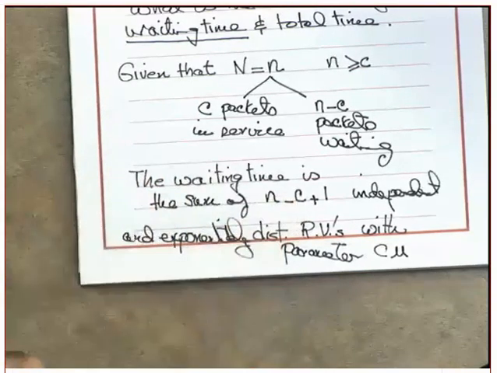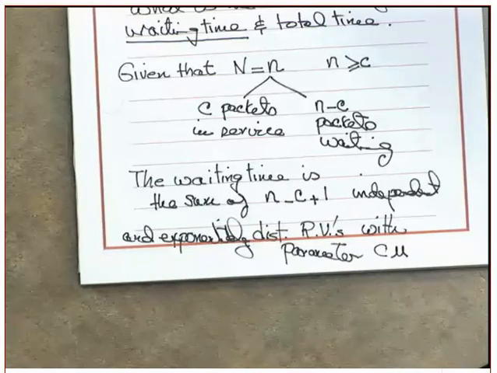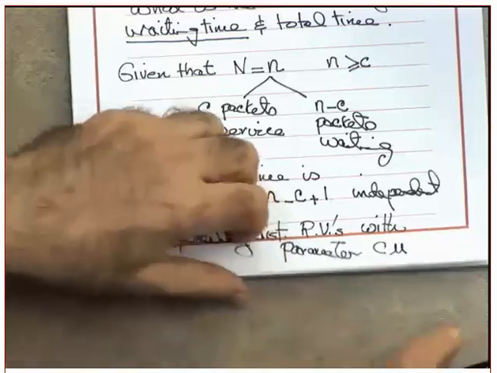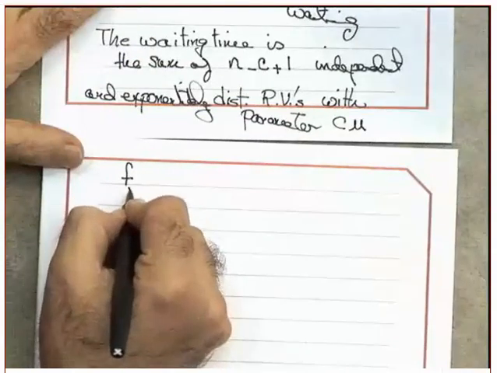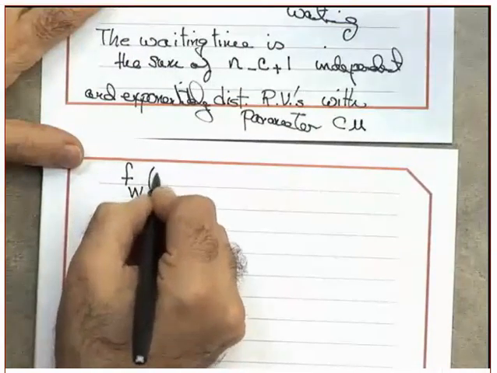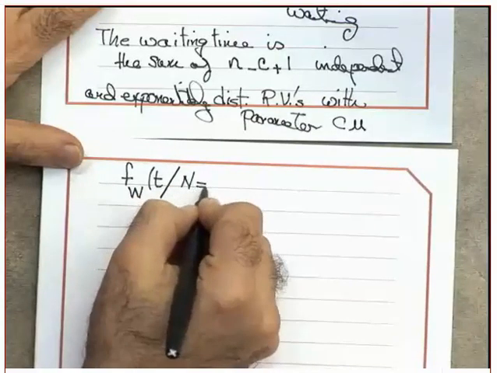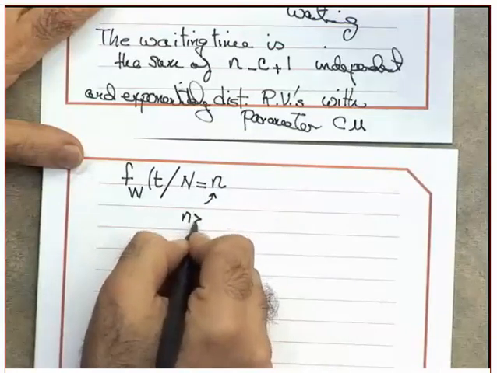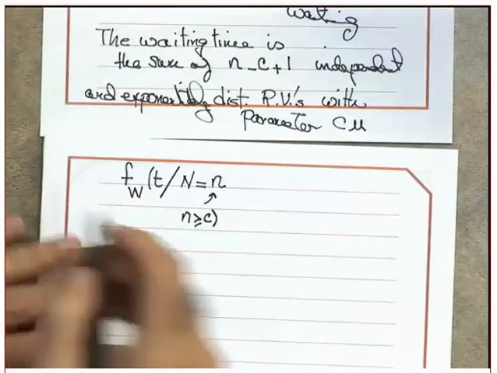The question: what type of distribution do you get when you add independent, exponentially distributed random variables? You get a gamma function. Give it to me. How do I write it? Look how I'm going to write it. F of W of T given N equal to N, and this N, by the way, is greater than or equal to C. Keep that in mind. Clear?